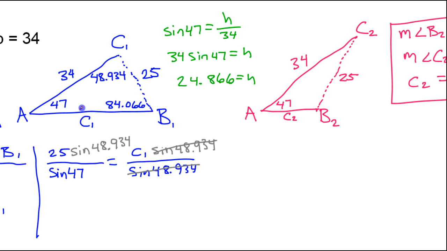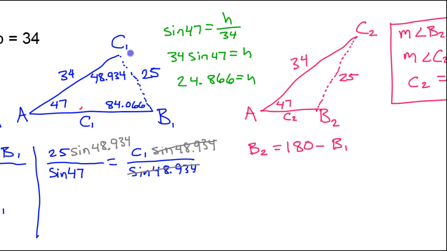Anytime you have this situation where the swing side forms two triangles, the acute angle and the obtuse angle are always going to be supplementary. So I can find angle B2 by subtracting from 180. So I'm just going to take 180 minus B1, and that will give me B2.